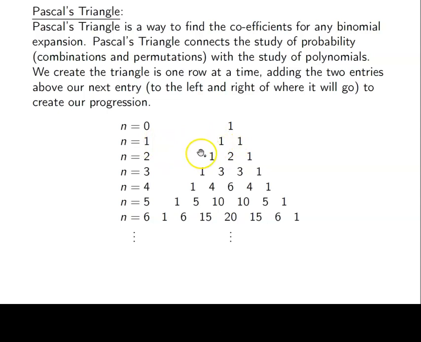If I have x plus 1 squared, that's x squared plus 2x plus 1. If I have x plus 1 cubed, that's x cubed plus 3x squared plus 3x plus 1. So these are the coefficients for a binomial expansion.